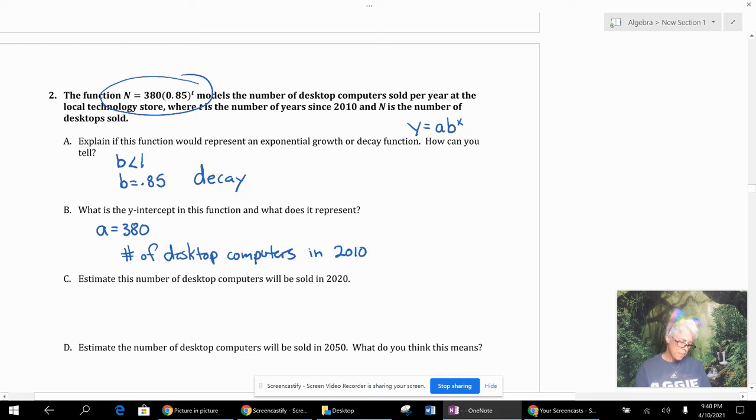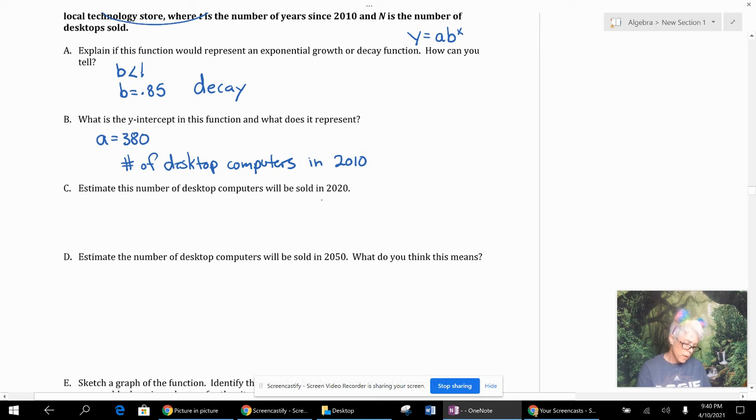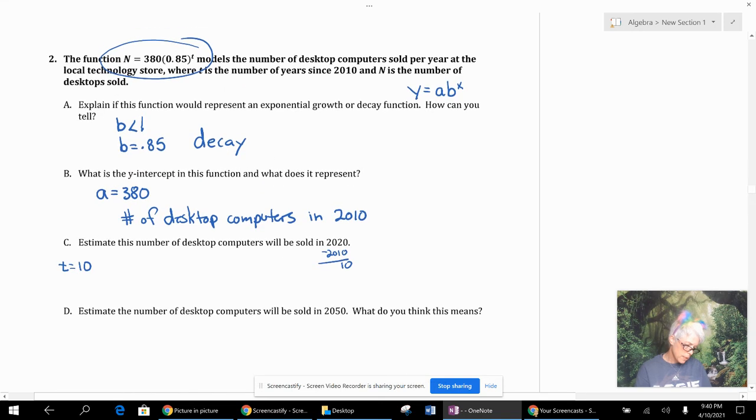In 2010. Okay, so now I want to know 2020. 2020 minus 2010 is 10 years. So that's what we're looking for as our t. t is 10. So I'm going to take this formula and slide this down so I can see it.